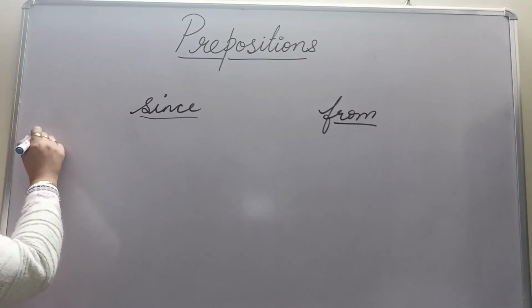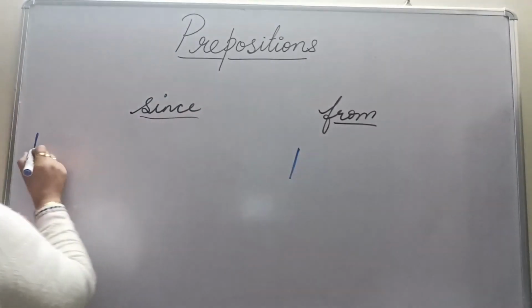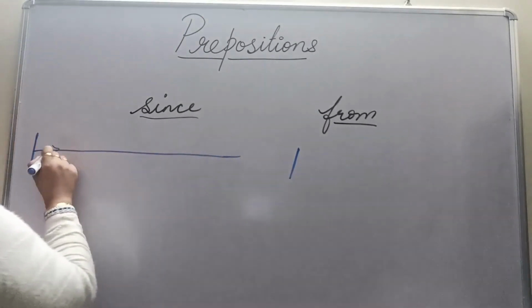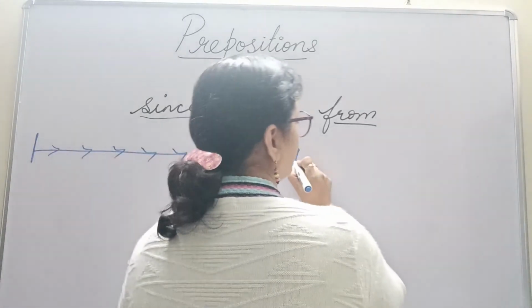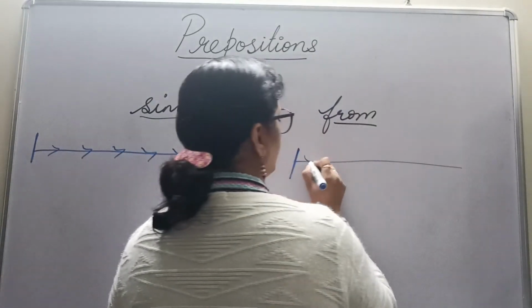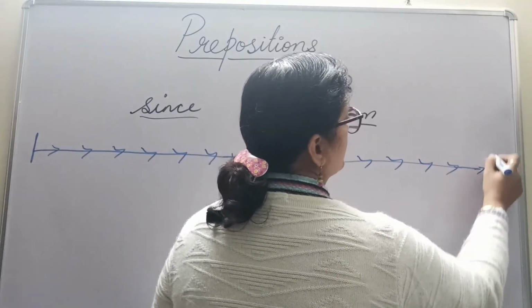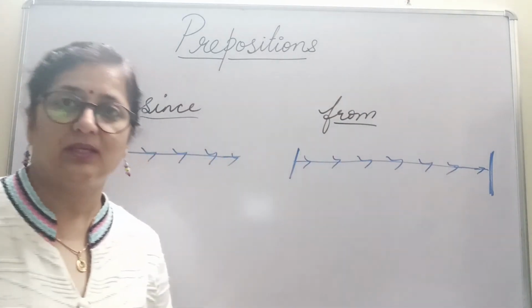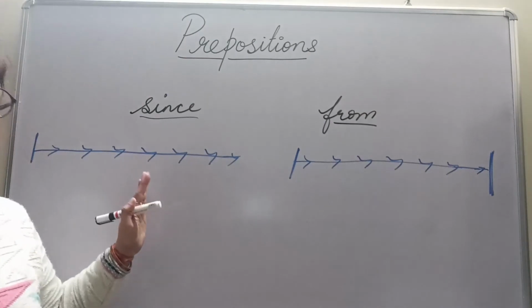This was the starting point of one train here. This is another train here. This train started moving on its platform and it moved towards its destination. Now on the other side, another train started from its point and reached its destination. What is the difference? You will say it reaches its destination. It did not reach its destination.